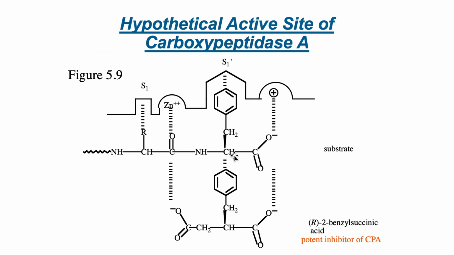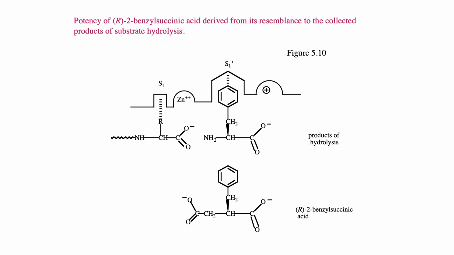They had this hypothetical active site that they came up with based on this peptide hydrolysis mechanism, and they made models of the substrate. They're like, okay, it's getting hydrolyzed, the enzyme's got a zinc 2 plus, maybe the substrate looks something like this.